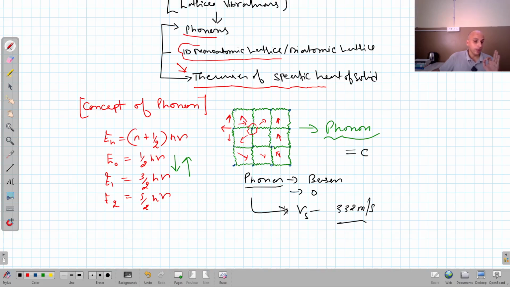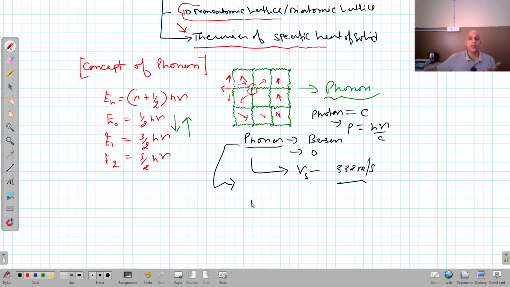We know a photon has some momentum, p is equal to h nu upon c. This is the momentum of a photon. But a phonon does not have any momentum, but it behaves in such a way while interacting with the crystal atoms that it is carrying a momentum h cut k.